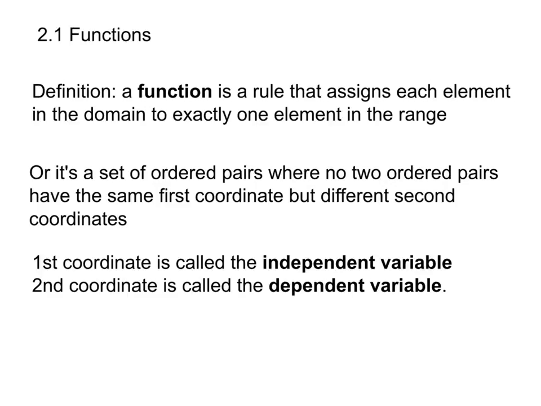Any set of ordered pairs where we have an independent variable, comma, the dependent variable, is called a relation. So in this case, all functions are relations, but not every relation is a function. Again, a set of ordered pairs is called a relation.